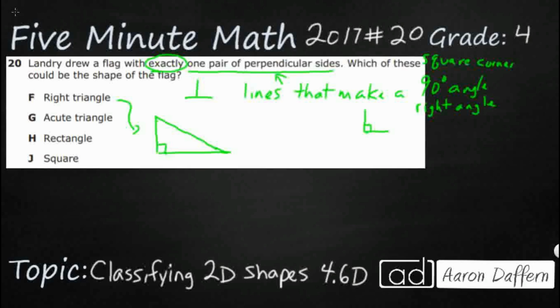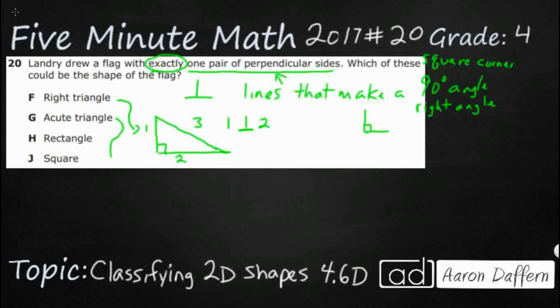That's more scalene, but either way, we have a right triangle, and it's got one pair of perpendicular sides. If I'm going to label the sides as 1, 2, and 3, I could say that side 1 is perpendicular to side 2 because it makes that little right angle. So that's pretty good. And I kind of like F.